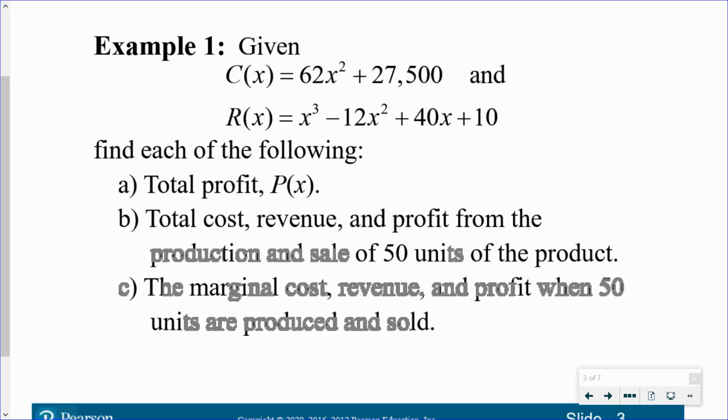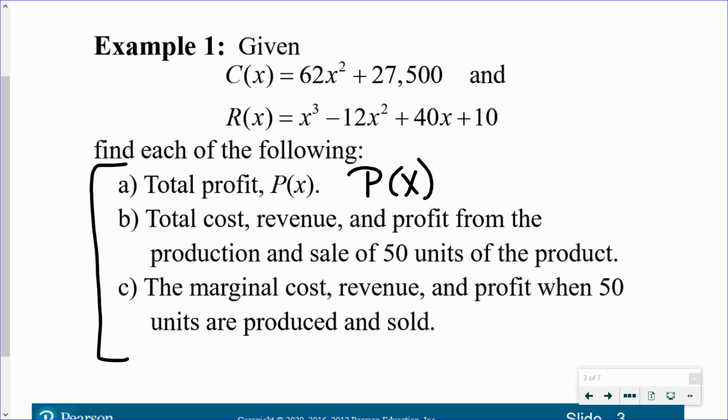Okay, so if I have a cost function and a revenue function, this example asks us for three things. A, total profit. Remember for profit, it's going to be R of X minus C of X. We want the total cost, the total revenue, and the total profit from the production and sale of 50 units.